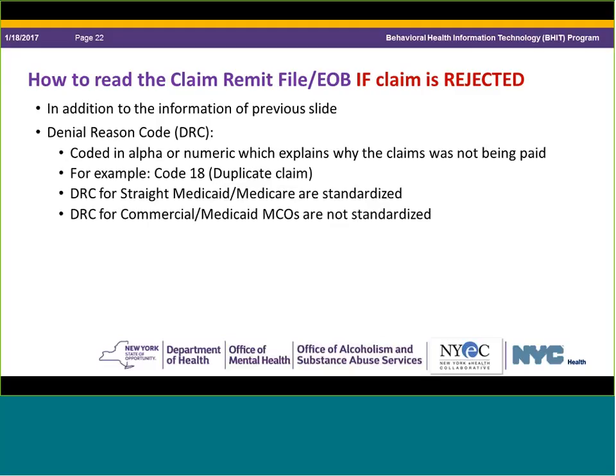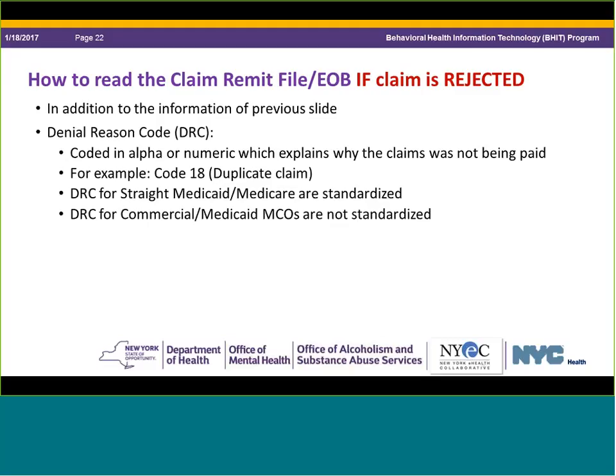For example, denial reason code number 18 means that the claim is a duplicate, which they're saying they've already processed the claim before. Why are you sending it to us again? This is a very common rejection by the MCOs. Now, reason codes for straight Medicaid and Medicare are standardized. However, for the MCOs, there are not standardized denial reason codes.